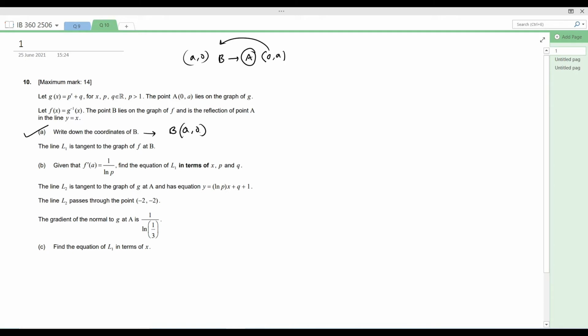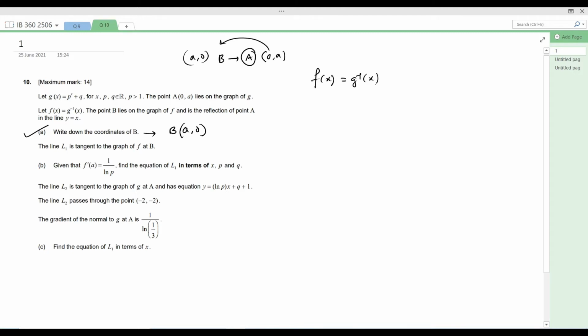Okay, now the second part. The line L1 is the tangent to the graph of f at B. Given that f dash a equals 1 by ln p, we need to find the equation. Here f(x) is given as g inverse of x.